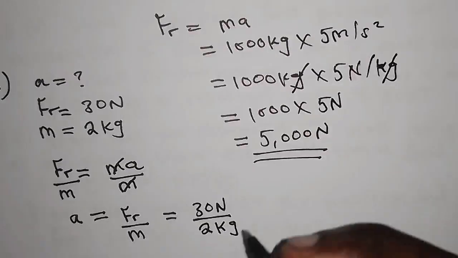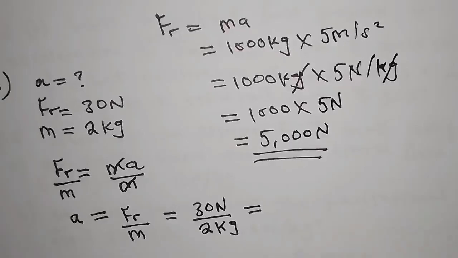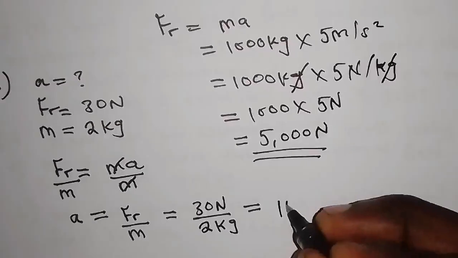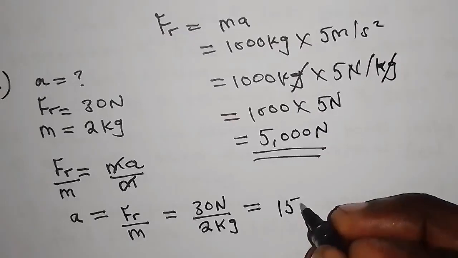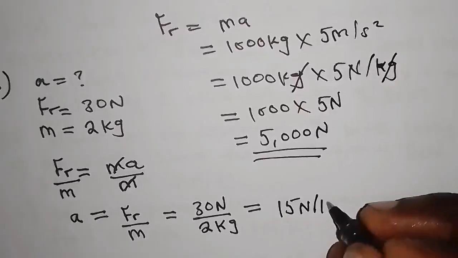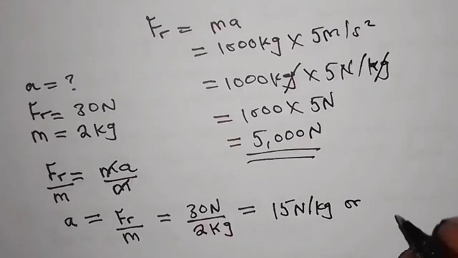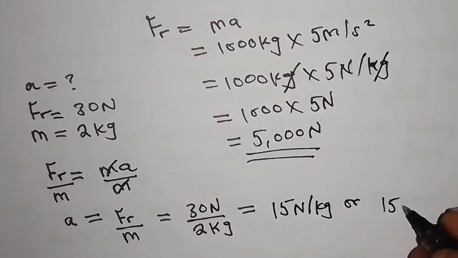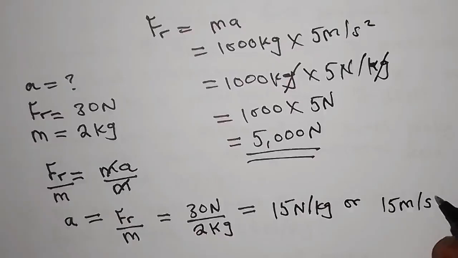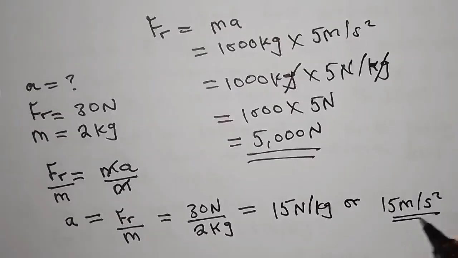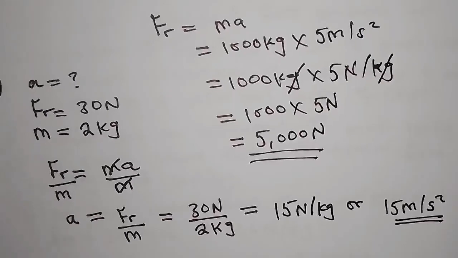When you divide, this gives you 15 Newton per kg, or 15 meters per second squared. That is the answer on question 3b.